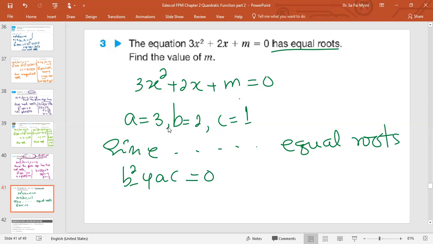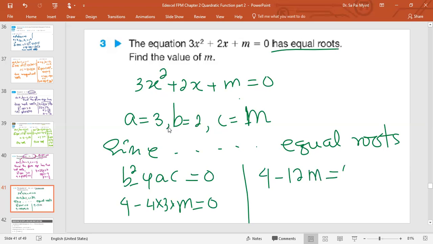What is b squared? 2 squared is 4, minus 4ac: 4 into 3 into, what is c? c is m, into m equal to 0. What do you get? 4 minus 12m equal to 0. 12m equal to 4. m equal to 4 by 12, which is 1 over 3.